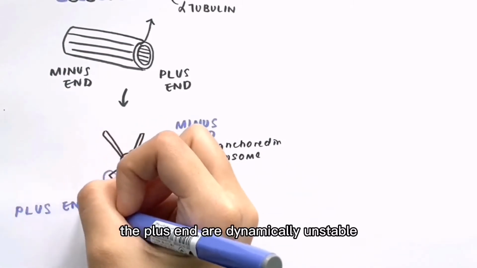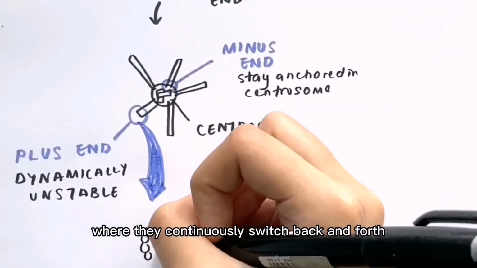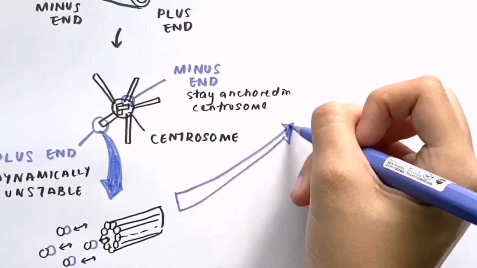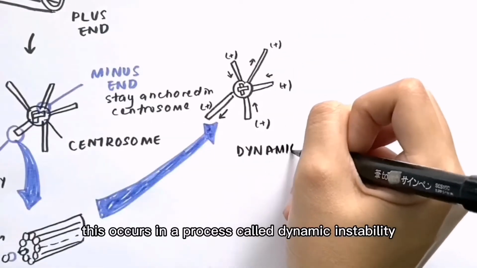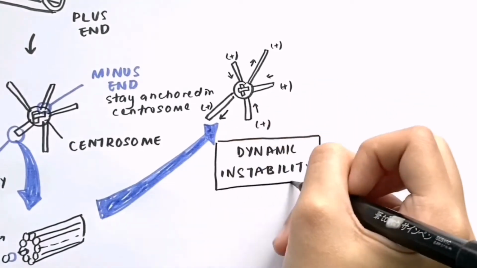On the other hand, the plus ends are dynamically unstable, where they continuously switch back and forth between polymerization and depolymerization by the addition and loss of their tubulin subunits. This occurs in a process called dynamic instability.